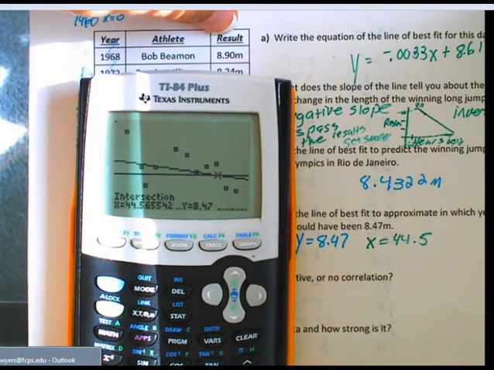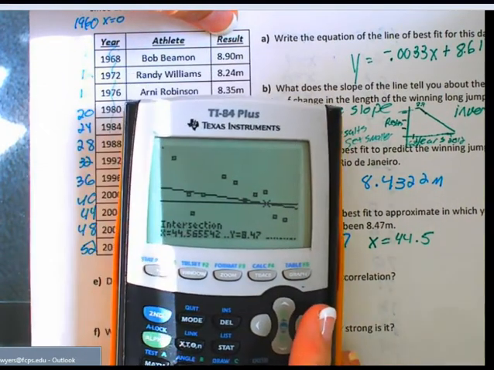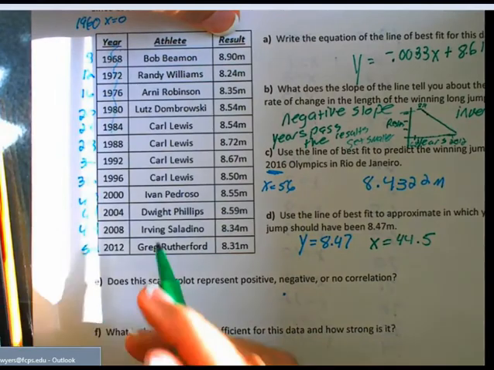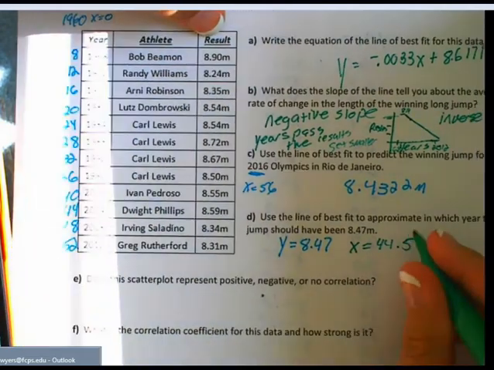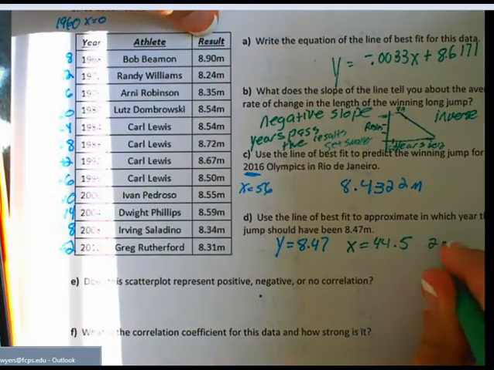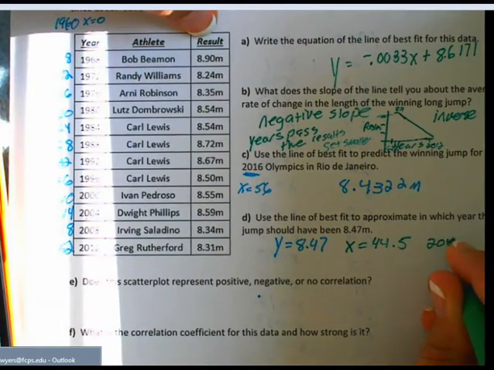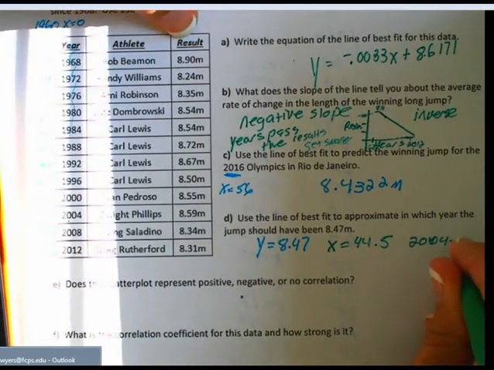Remember, we're looking at a particular year, so 44.5 would have been about 2004 to 2005, somewhere in there.